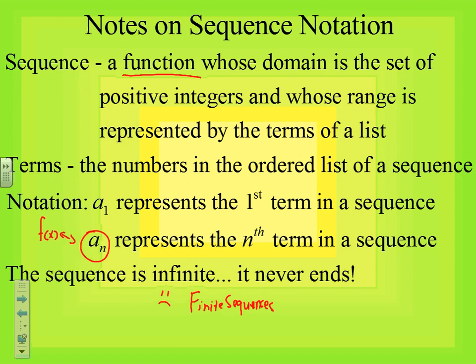So we truncate it at some point and say, well, I'm only interested in the sequence from this point to this point. And so most of the things that we're going to be looking at are actually finite sequences. Now, the sequences that we look at could be increasing, they could be decreasing, but mathematically speaking, most of them are going to go on forever. So at some point we have to truncate it and say, well, I'm only concerned about it from the first one to the third one or something like that. So that's why we think of them as finite sequences.